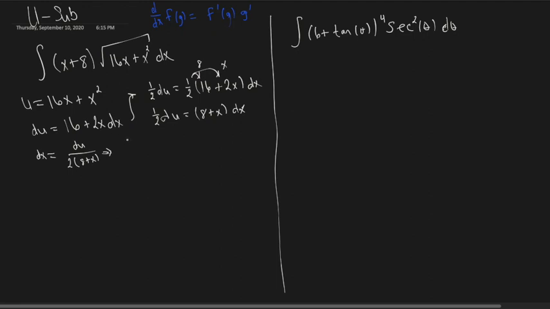So now we can substitute this into our integral. We'll get the integral of x plus 8 times square root, we set u equal to that, u times du over 2 times x plus 8. Now let's simplify this. We're going to get rid of this, and then we'll bring out the 1/2 in front of our integral.